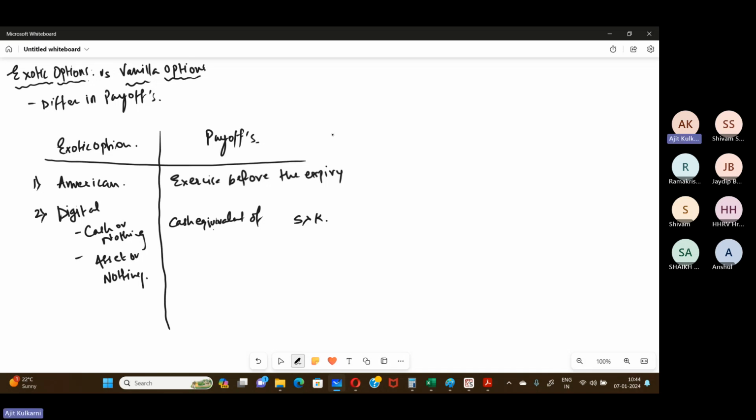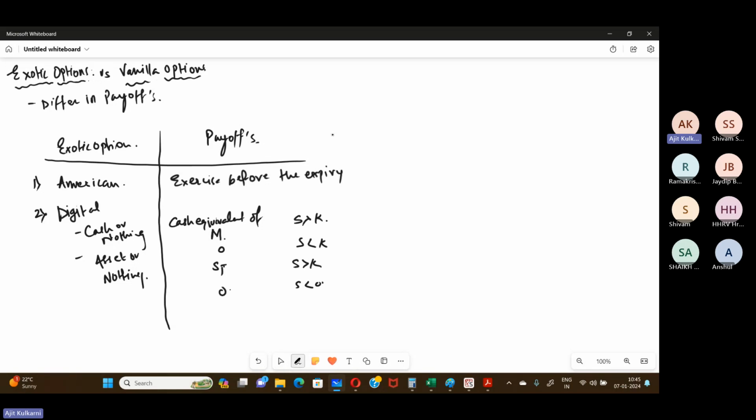Let us say that is M. If not, it's 0. And same for asset or nothing. So 1 unit of asset is delivered to you at expiry, so you get whatever is ST if S is greater than K, and if not, then you get 0.